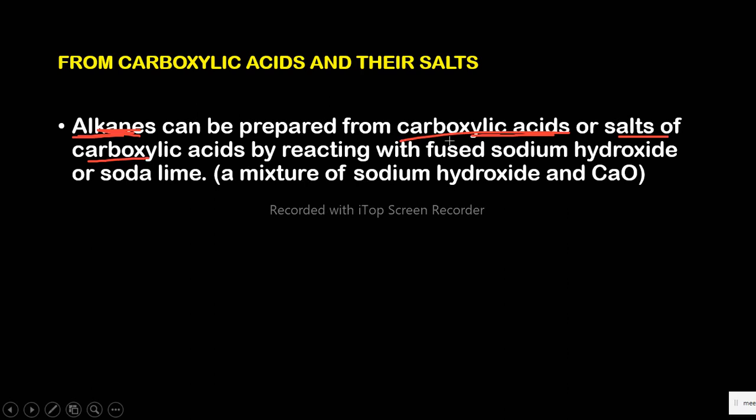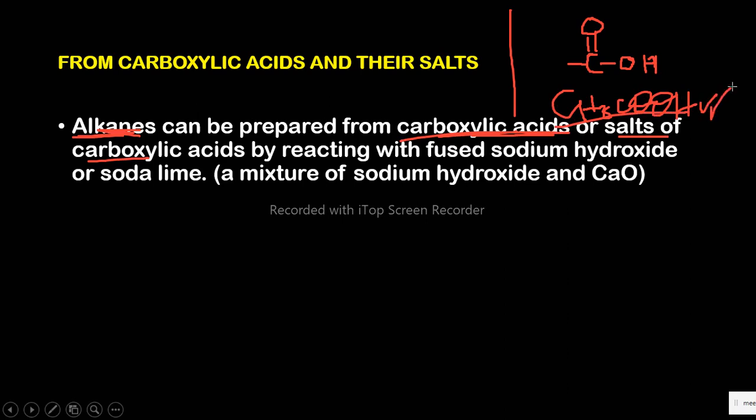Now, what are carboxylic acids? If you remember our very first introductory lesson, we said that if you have this group, you have O here, and then you have the OH. If you have this group, for example CH3COOH, this is a carboxylic acid and it is ethanoic acid.